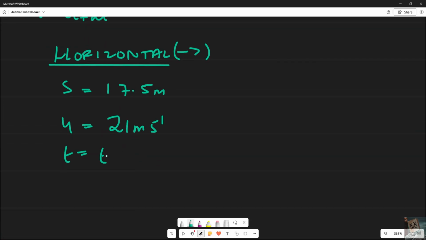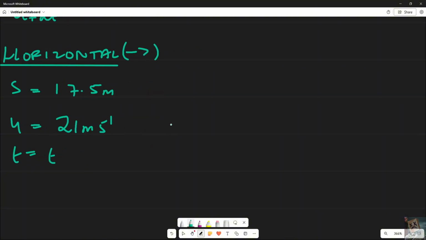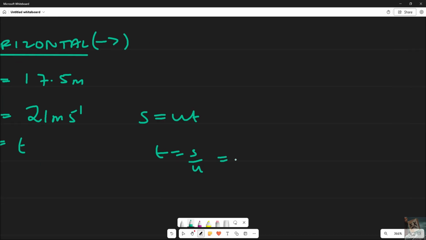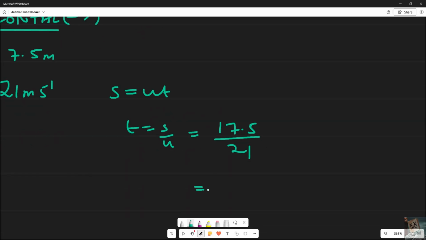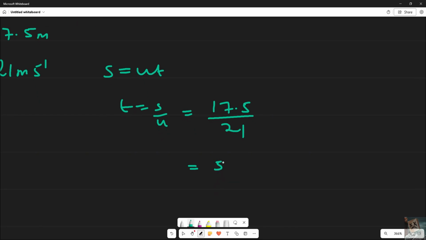The time we don't know, so we leave it as t. So s equals ut, t equals s over u equals 17.5 over 21, and we put that into our calculator, which is 0.83333, or 5 over 6. So we're going to leave it as a fraction.